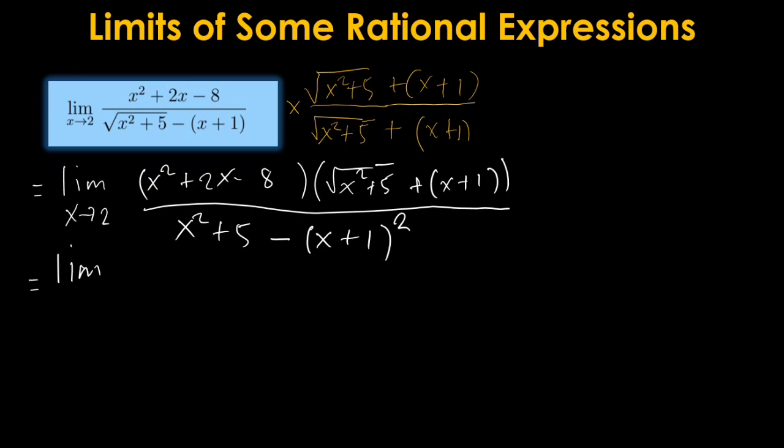By the way, we can factor this out. Let's check if we can factor this. Oh, yes, we can. It's actually x plus 4 and x minus 2. You can check it out. Positive 4 times negative 2 is negative 8. That's positive 4x minus 2x. It gives you plus 2x. Copy this factor.